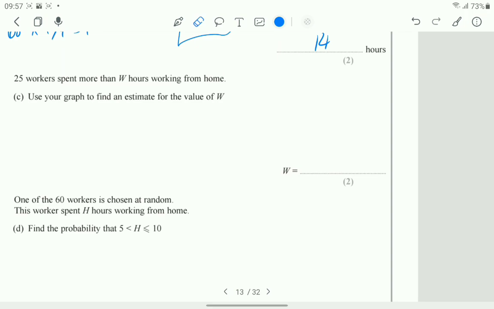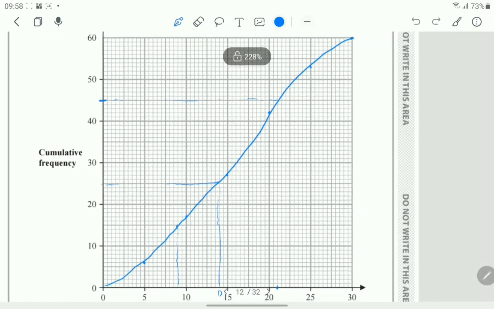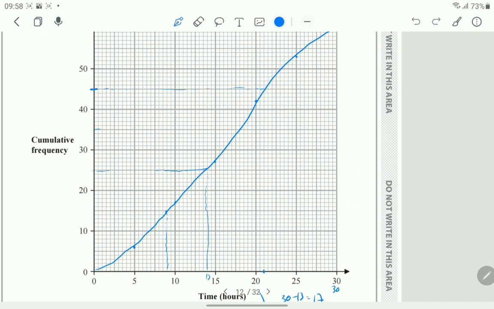Question 11's part C says 25 workers spent more than W hours working from home. Use your graph to find an estimate for the value of W. So if 25 is greater than W, we can find that 60 minus 25 equals 35, and 35 workers work less than W. So we go on our graph and see how many cumulative total hours 35 workers have worked.